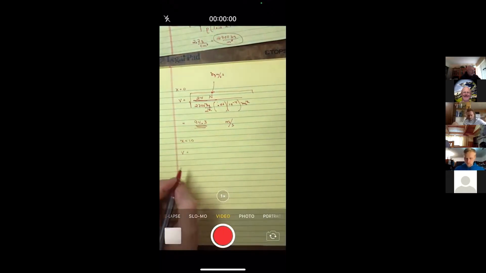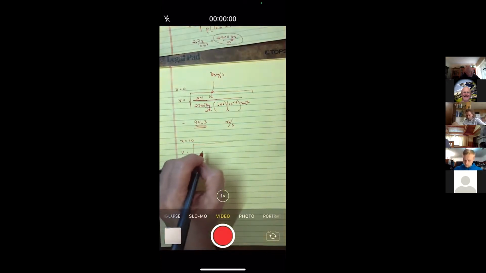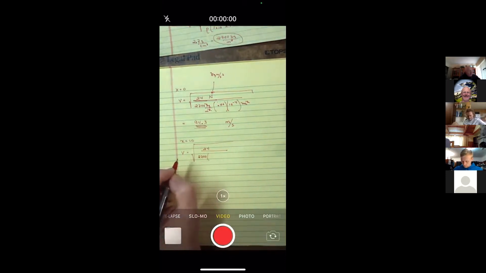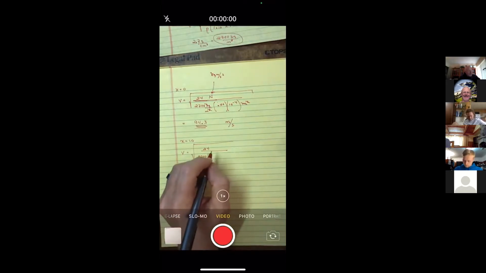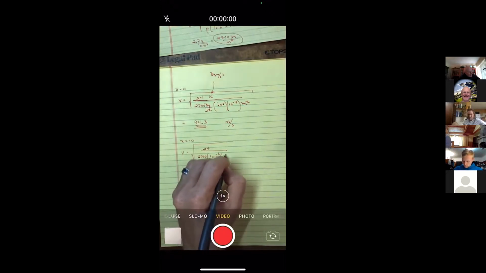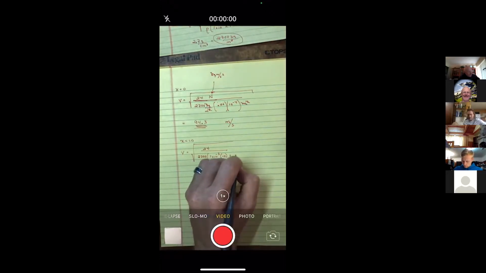All right, and so let me put all this in again. I'll put the tension, so there's the 24 in the numerator. There is the 2700 for the density. Now I would have 1 times 10 to the minus 3 multiplied by position of 10.